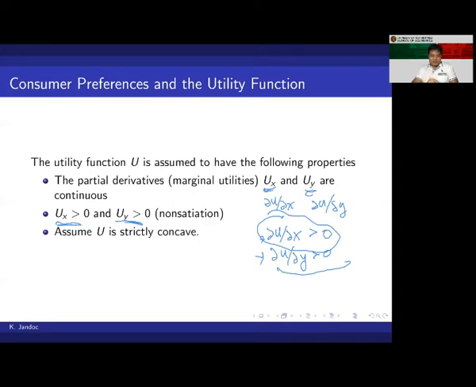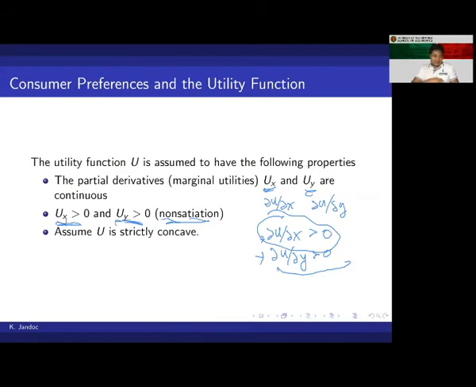That's the property of non-satiation. Satiation is that you'll be satisfied; non-satiation is that you won't be satisfied. If you consume more, you get higher utility, more satisfaction. That is what this assumption is saying.